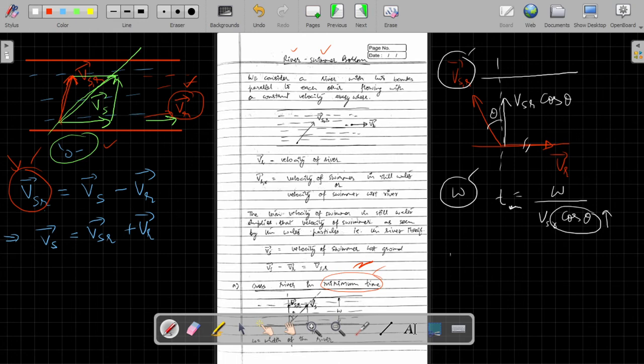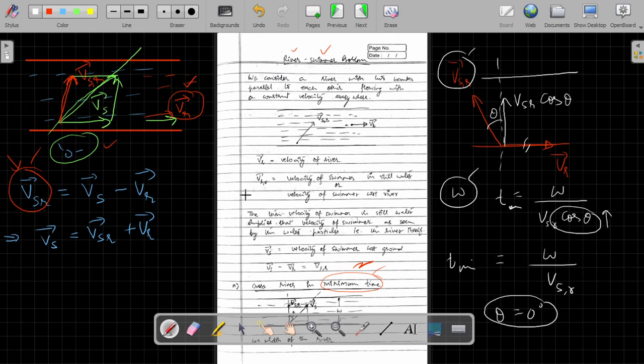So the minimum time in crossing the river is the width of the river divided by the velocity of swimmer with respect to the river. For this we took theta equal to 0, that is, we completely aligned the relative velocity of swimmer with respect to river in that direction.